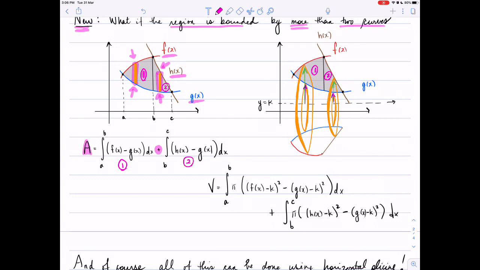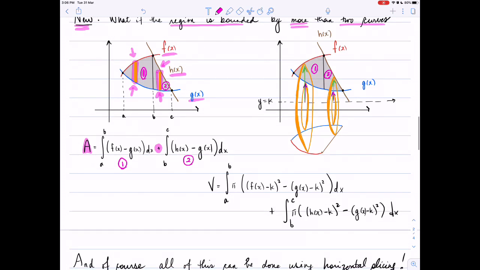And so the exact same pairings here, where we have rectangles, this time it's not the height but the radius values. So for the washers in section 1 of the solid, the inner radius, the small radius, goes until the blue curve, and the large radius goes until the red curve.